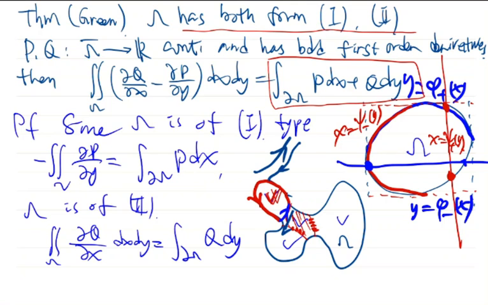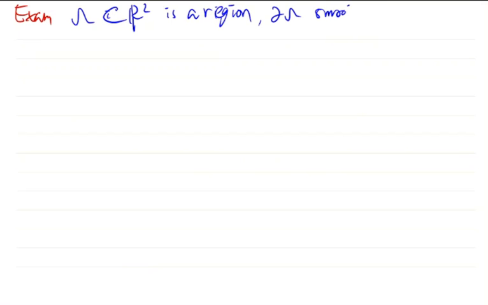Now this is the Green formula. Now as an application, we consider a simple example. Omega is a region with smooth boundary, and 0 is a point in omega.